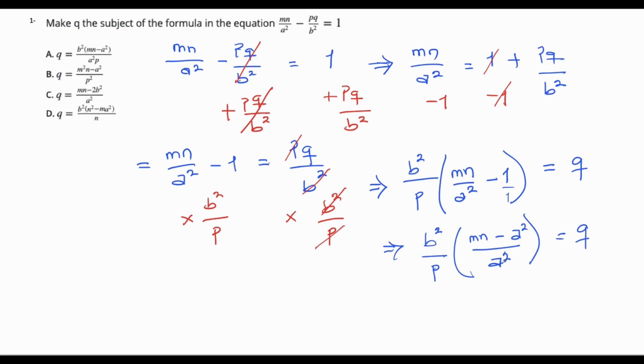And if we expand what we have in the denominator here, our new answer is going to be b squared into mn minus a squared, all divided by a squared multiplied by p equals q. And from the options we have here, A seems to be the right answer.